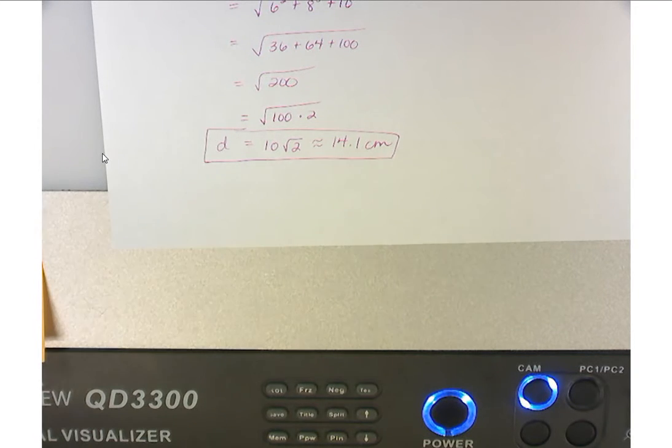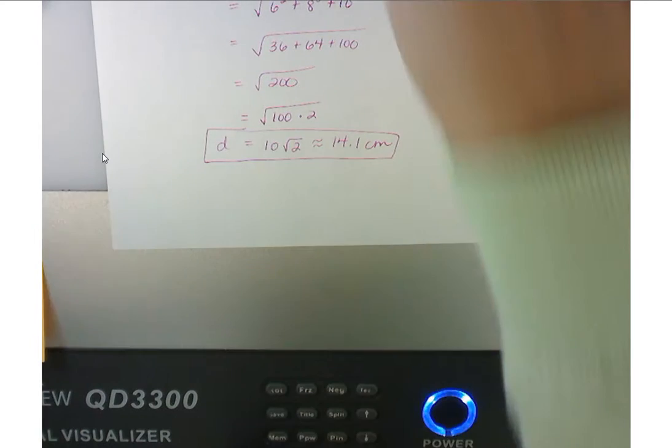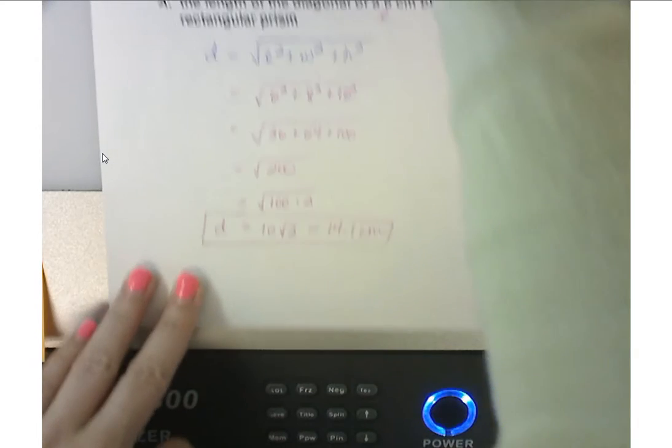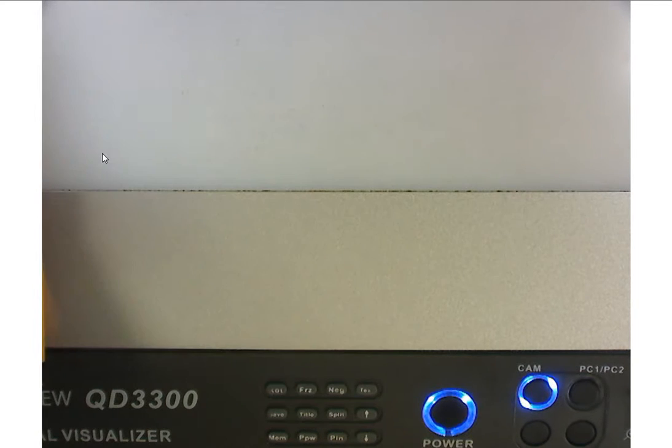Okay, and then on the next page, we're going to look at the distance and the midpoint formulas in 3 dimensions. So we've already done the distance and the midpoint in 2 dimensions. Now we are going to expand that to 3 dimensions.